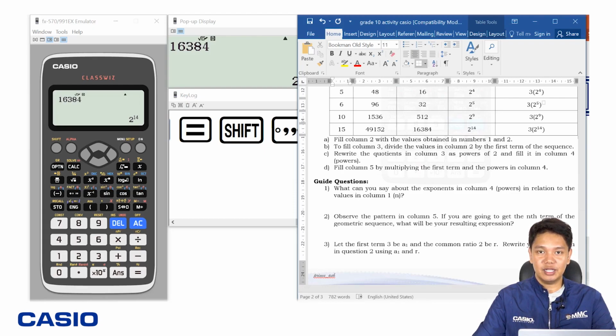So therefore, the resulting expression will be a sub 1 times r raised to n minus 1. And this is the nth term of the geometric sequence. I hope you were able to see the relationship between the powers and the number of terms in the given sequence. Thank you, and see you on our next episode.